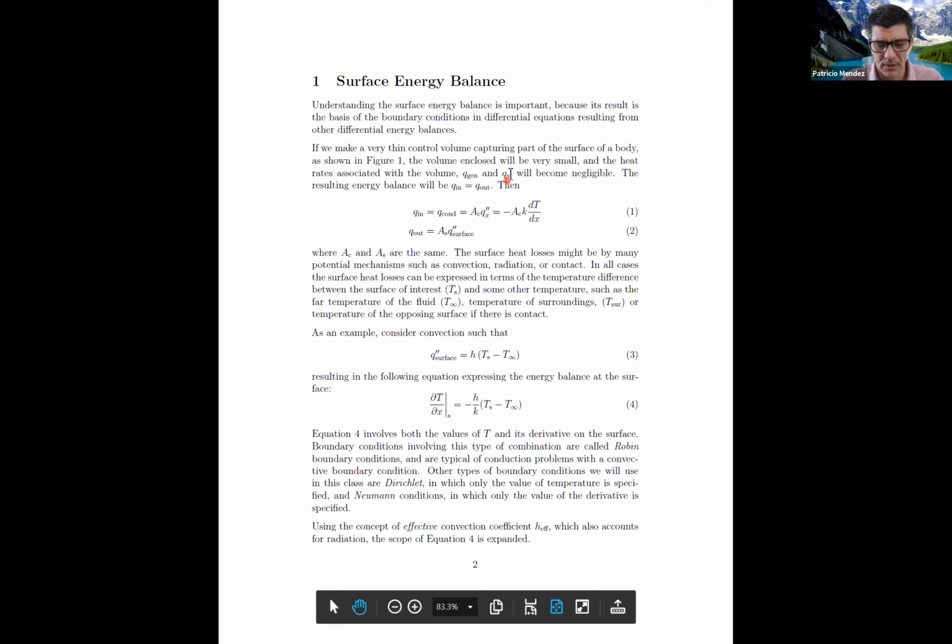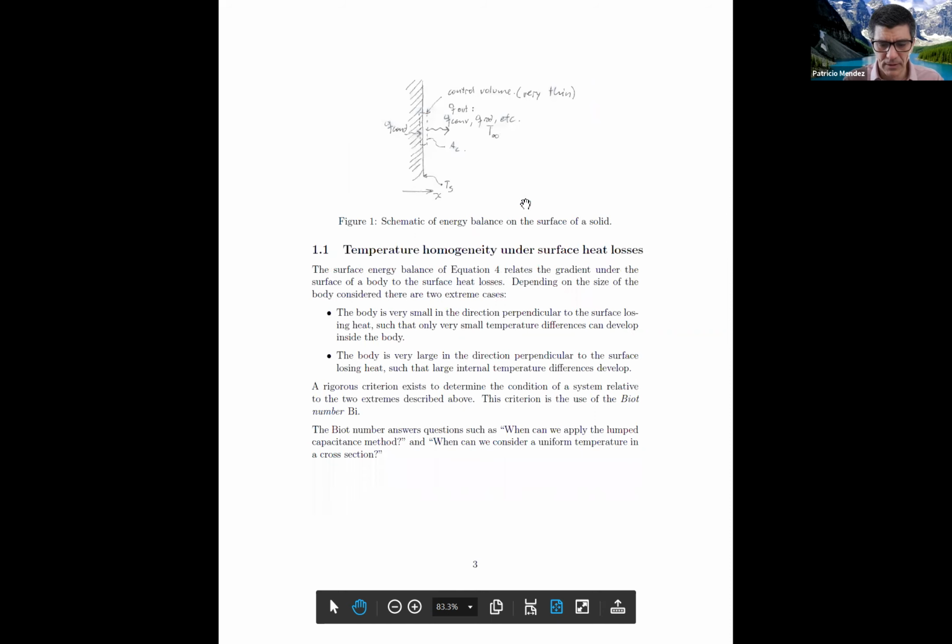Similarly, the Q stored, the heat stored in the mass inside the control volume, when the thickness tends to 0, there is no Q stored. So in this control volume, Q stored goes to 0, Q generated goes to 0, and we have Q in equals Q out, or Q in minus Q out equals 0.